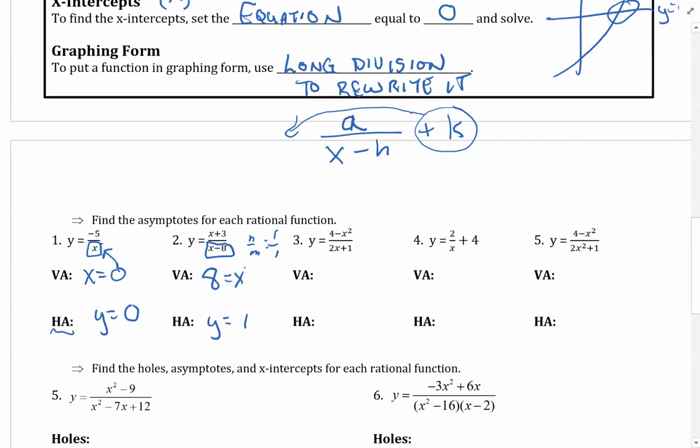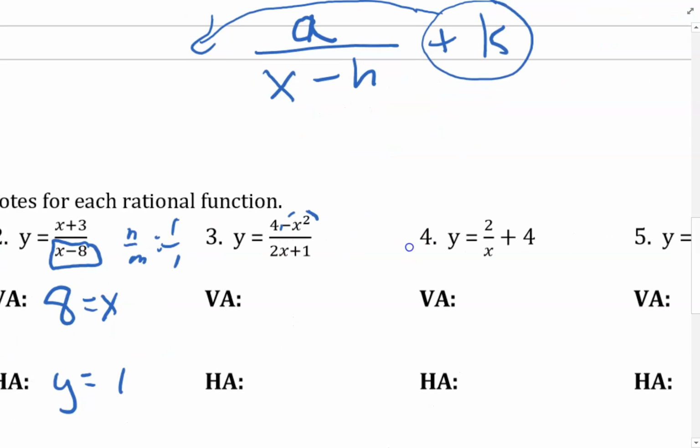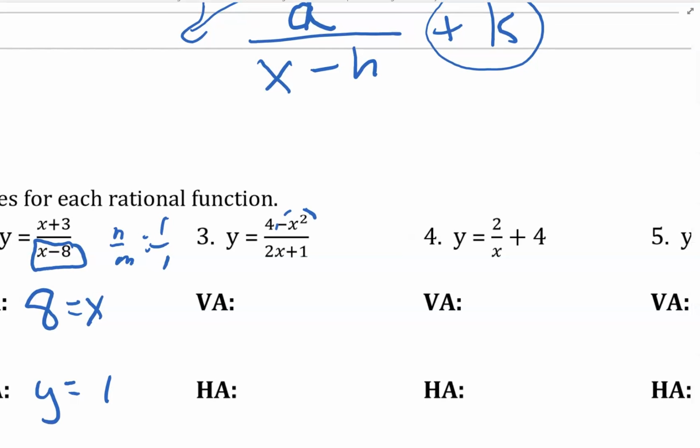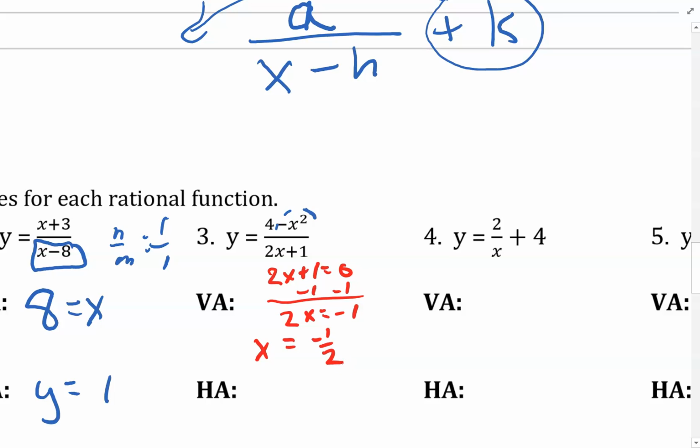On problem number 3, I have an x squared term on the top. I have an x term on the bottom. Let's work with the bottom first. I'm going to set 2x plus 1 equal to 0. So we will have a vertical asymptote at x equals negative 1/2.